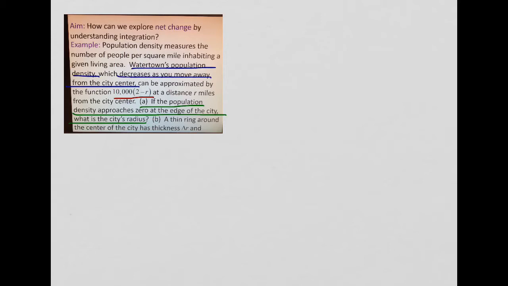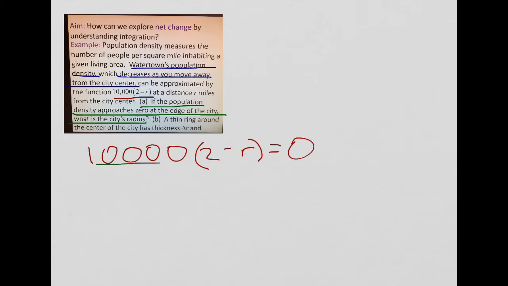This isn't necessarily a limit problem, but it is something to identify that we want not x to be 0, but our y. And why, you may ask, is because we want the population density to approach 0 or be 0, okay?